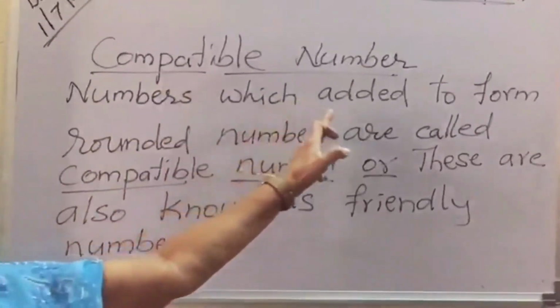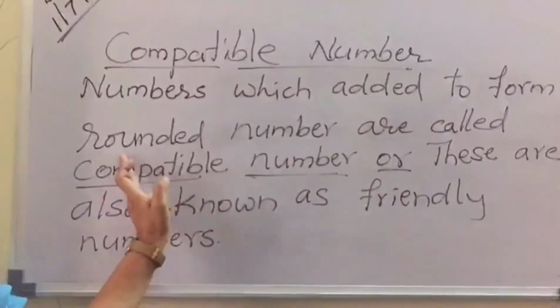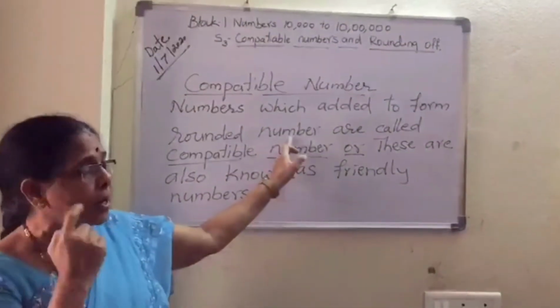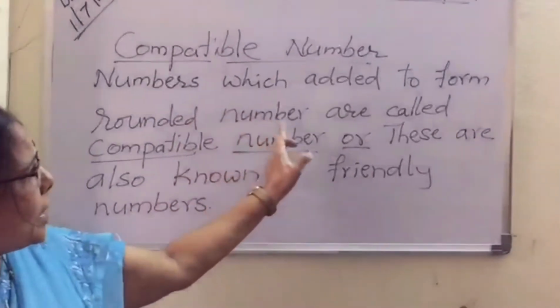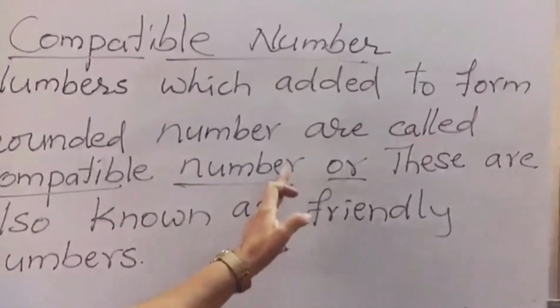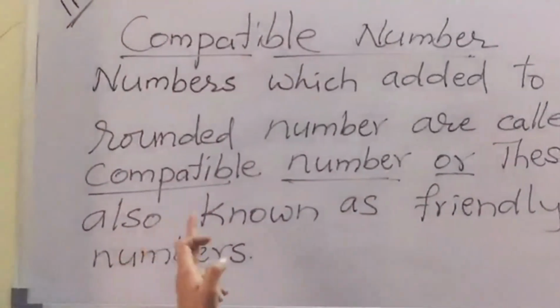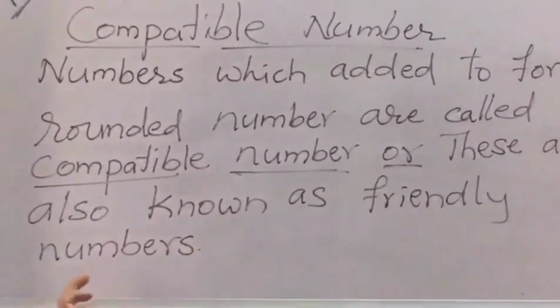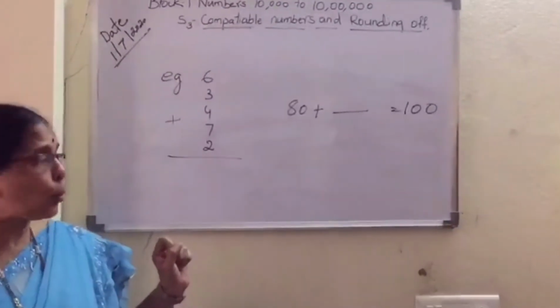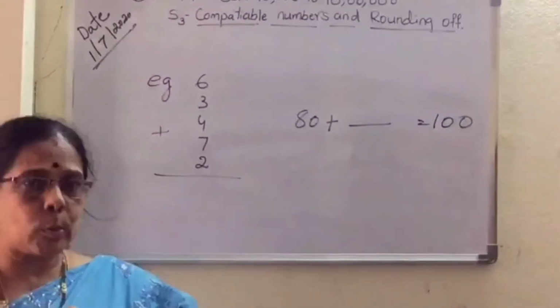Numbers which added form rounded numbers. For example, 6 plus 4, 10. We rounded, no, children, there. So these are called compatible numbers, and also known as friendly numbers. Compatible numbers are used to add and subtract quickly.